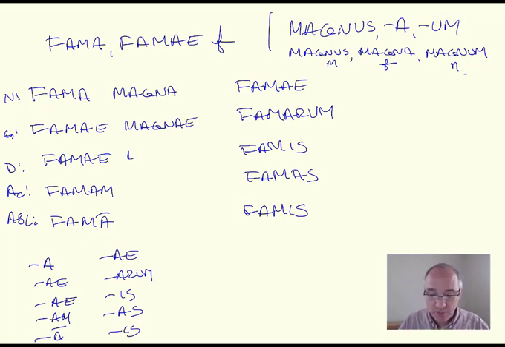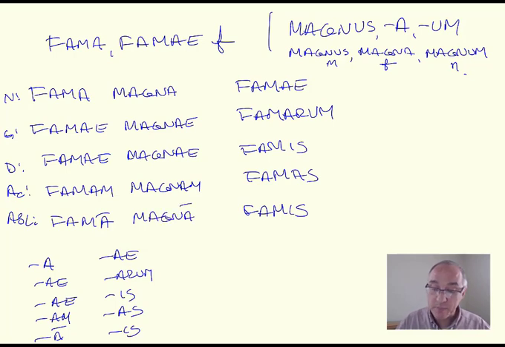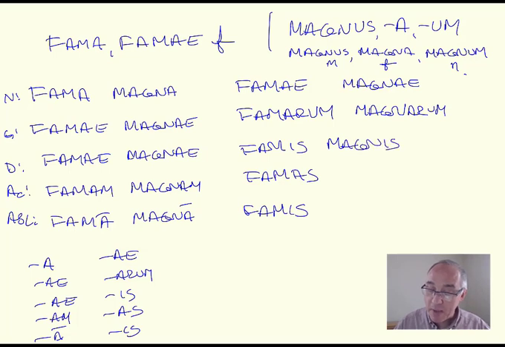And I've made a mistake on that one, just getting ahead of myself. Famae magnae, famam magnam. Fama magna with a long A. Famae magnae. Famarum magnarum. That's fun to say. Famis magnis. Famas magnas. And famis magnis. Great.